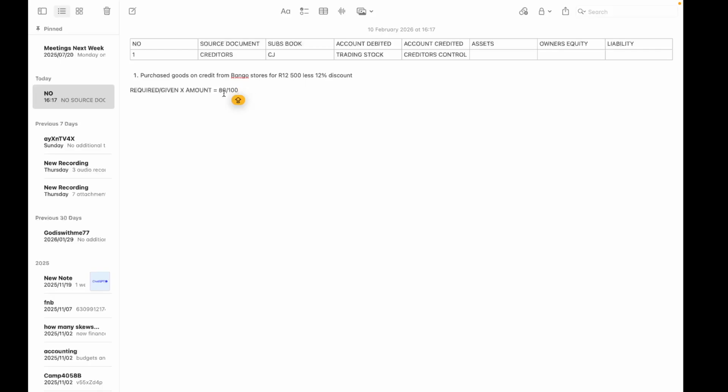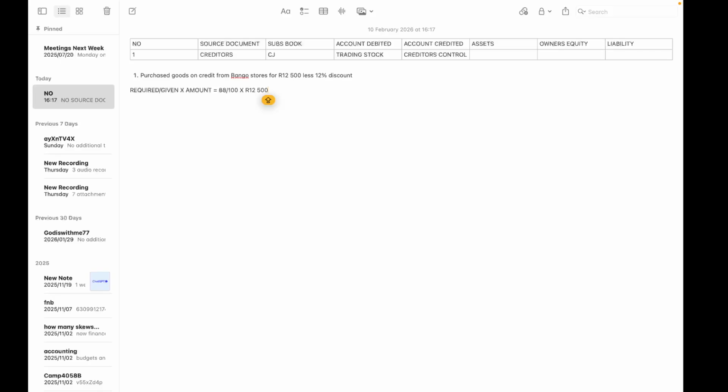So it's going to be 88 over 100 times 12,500. When you plug this into your calculator, let's see how much you get. 88 divided by 100 times 12,500.